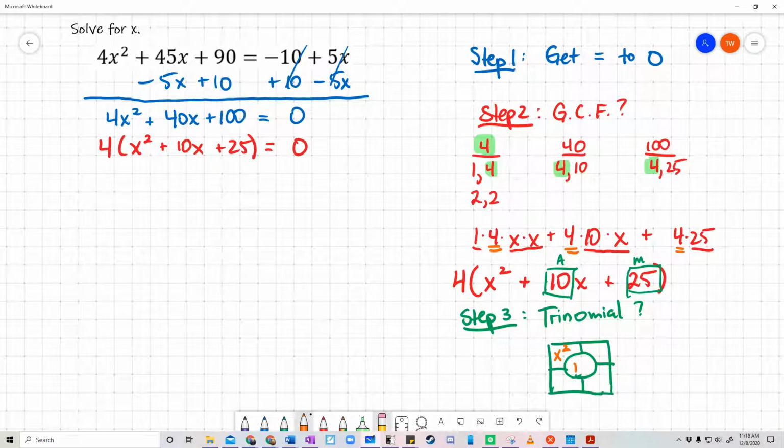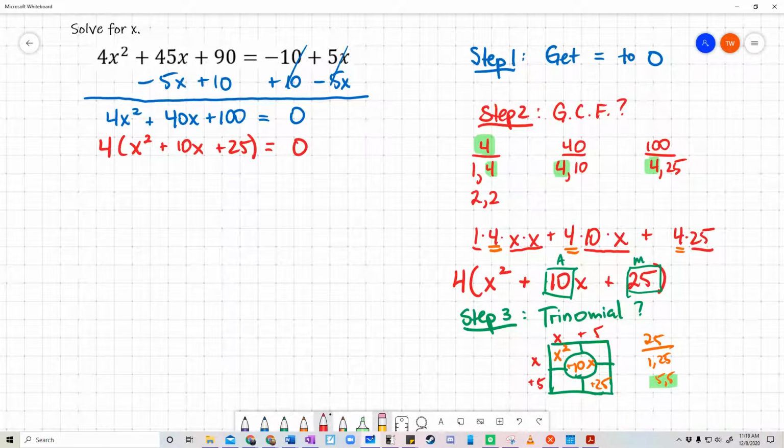Out of x squared plus 10x plus 25, I'm thinking the factors of 25 are 1 and 25 or 5 and 5. And I will choose 5 and 5 because those are going to add up to a positive 10. So x plus 5, x plus 5.